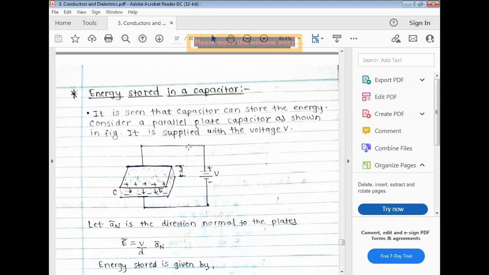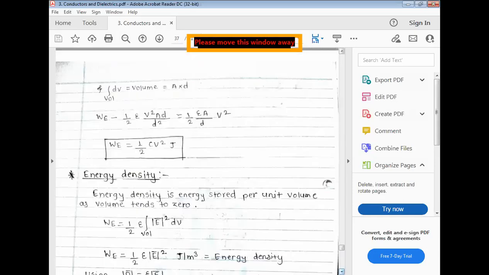Here we are considering the total area and the gap, the total height, that is the distance d. Therefore the total volume is equal to A into d.